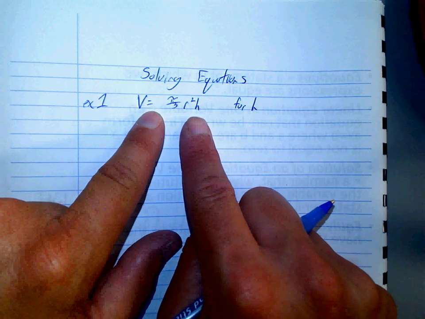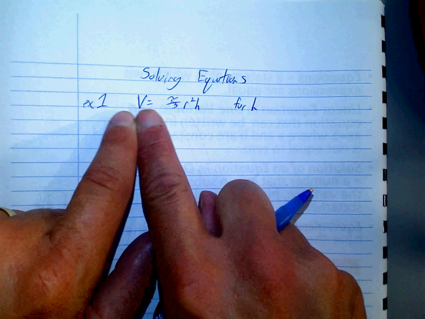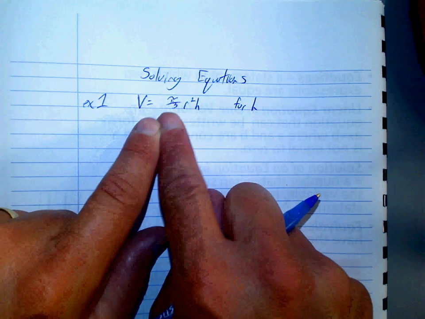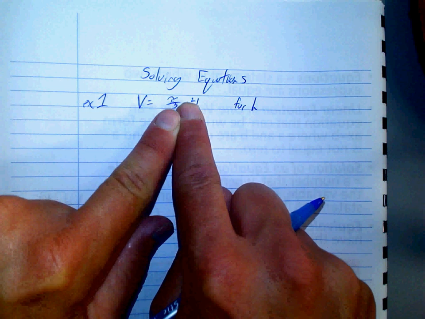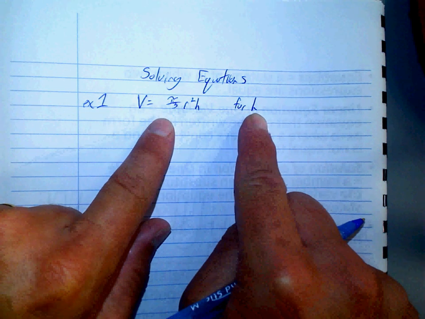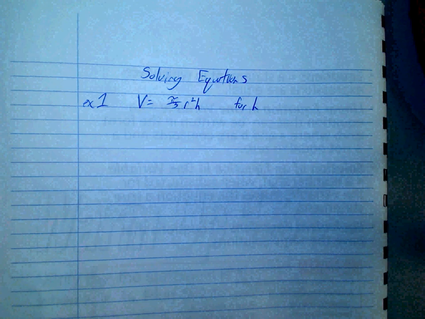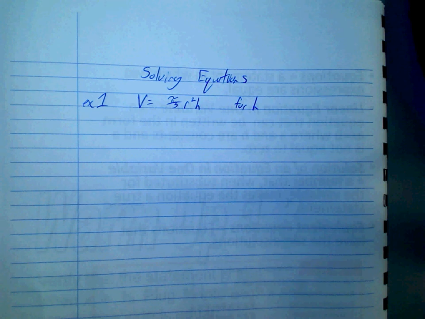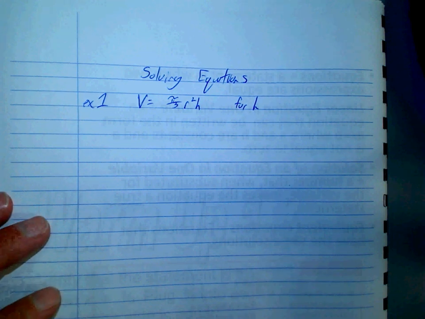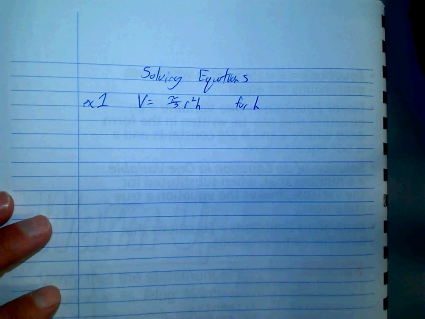We want to get h by itself. Again, we're not finding a solution, we're not actually getting a value, we're just wanting to isolate h. I don't think our calculators do that stuff for us.